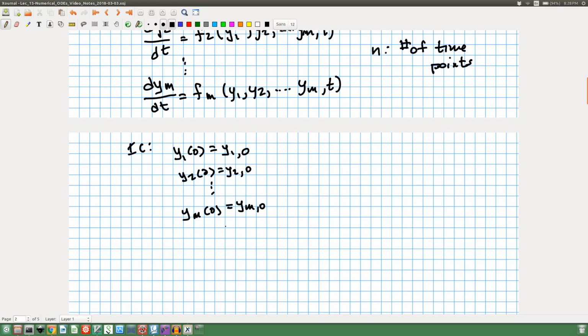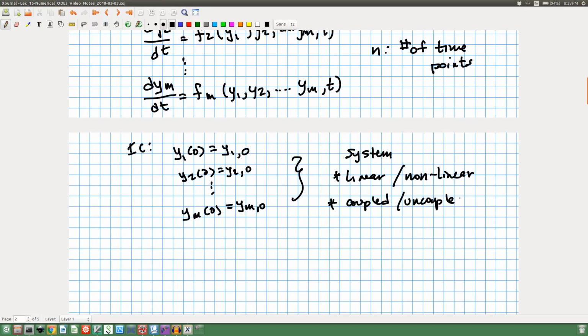If you remember when we talked about nonlinear equations, we said that a system could be linear or nonlinear, or it could be coupled or uncoupled.